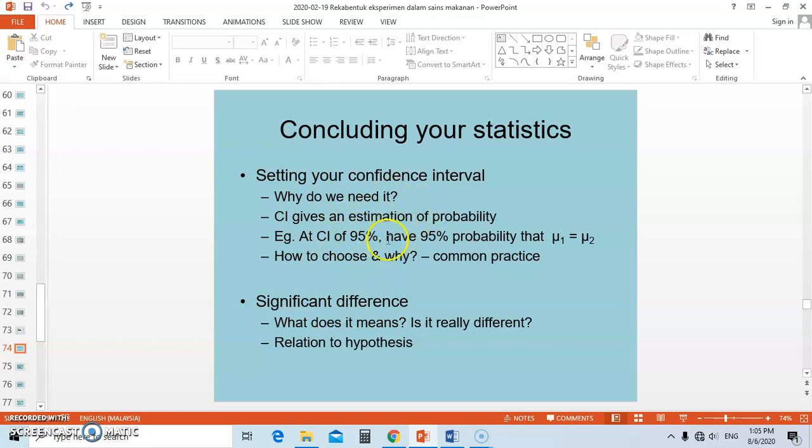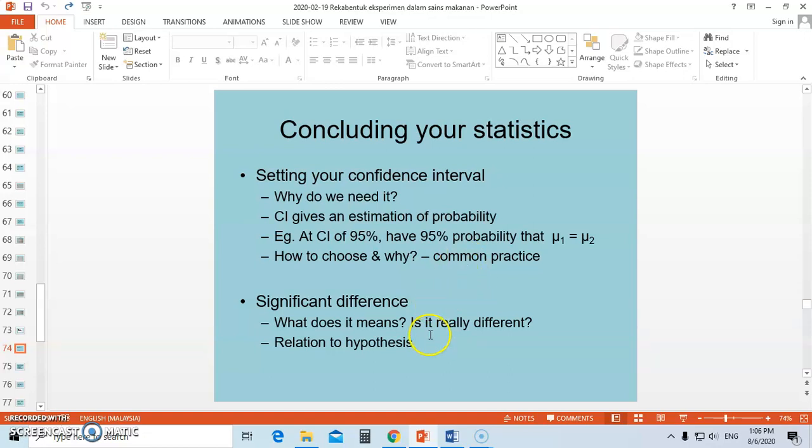Usually we use 95%, meaning that we are 95% confident, even though there is a 5% probability that our results are not really what they seem. So if we have a significant difference, there is a 95% probability that it is different, but there is still a 5% probability that it is not different.